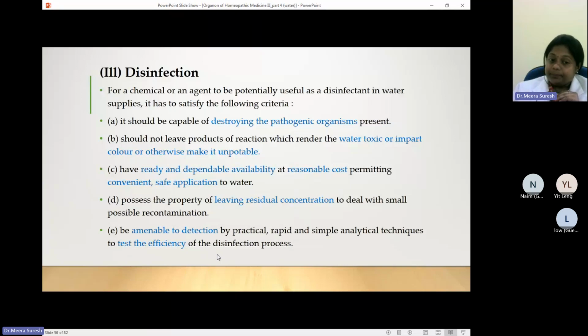Some tests should be there by which we can detect the presence of the chemical we use for disinfecting water, so that we get to know whether that disinfectant that we use for this purpose is efficient or not.